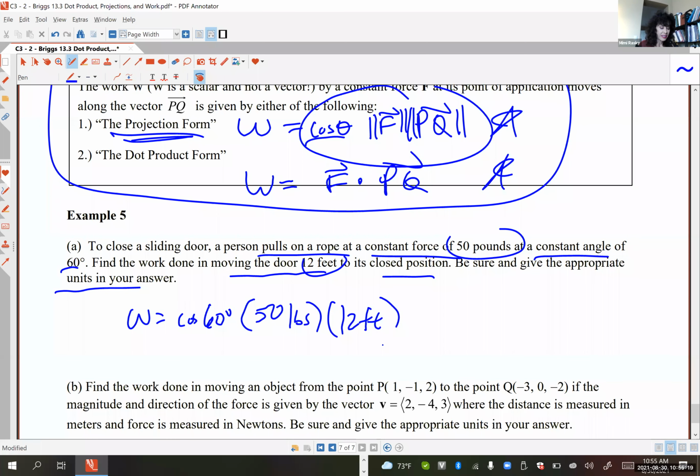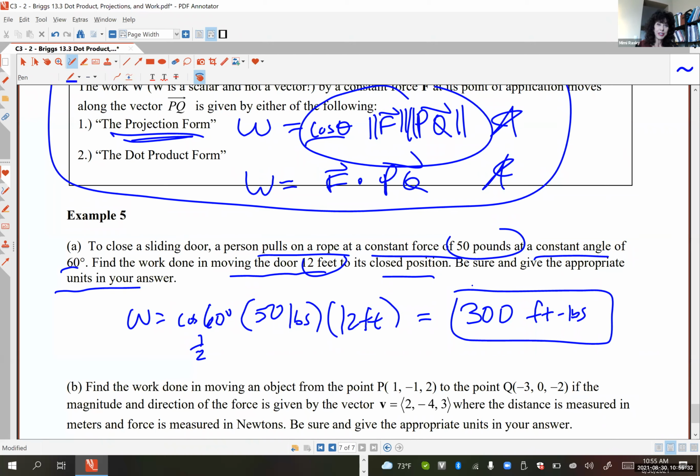What is cosine of 60? Isn't it a half? And multiply this all out and you'll get 300 what? Foot-pounds. Foot-pounds is actually work units. I'm not making this up. Foot-pounds, not pound-feet. It's foot-pounds. Work.